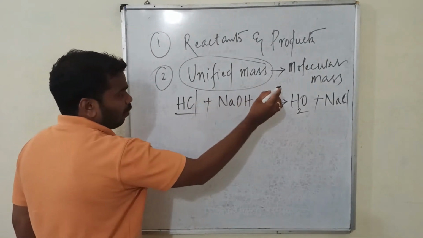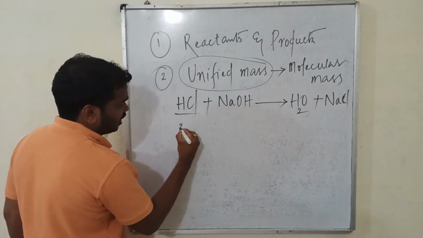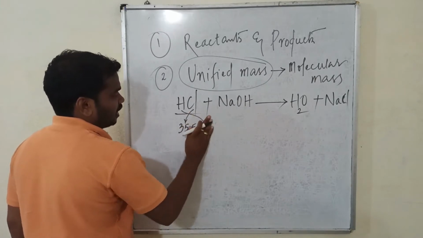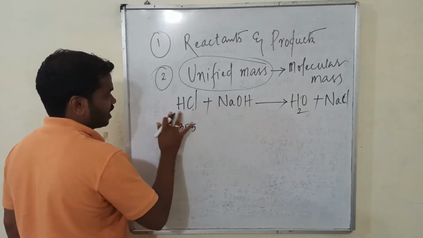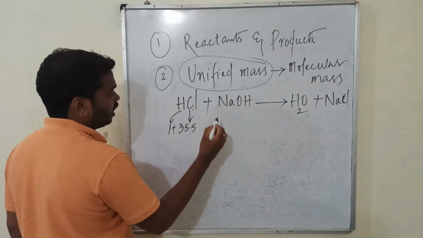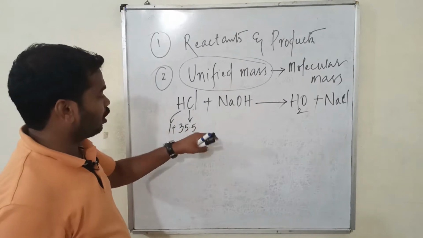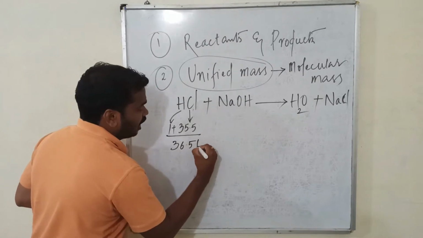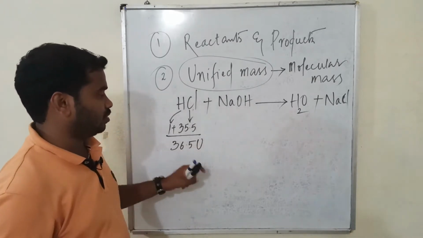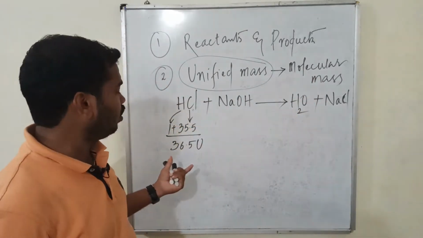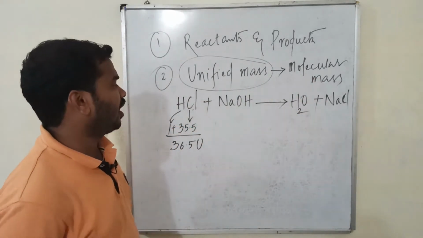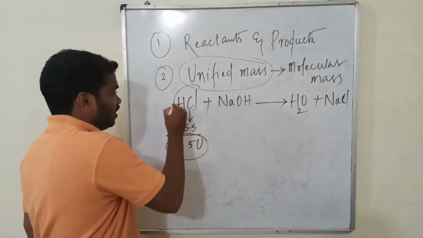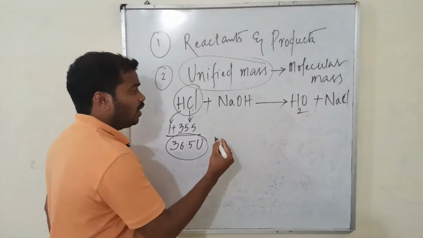You see here the molecular mass of HCl is 1 plus 35.5. 1 is of hydrogen and 35.5 is of chlorine, such that hydrogen has 1 unit and chlorine has 35.5 atomic mass units, and combinedly it can be expressed as 36.5 unified mass units. If you are expressing some mass of a molecule, then you can express it in unified mass. So here you can say 36.5 unified mass of this HCl would react with 40 grams.